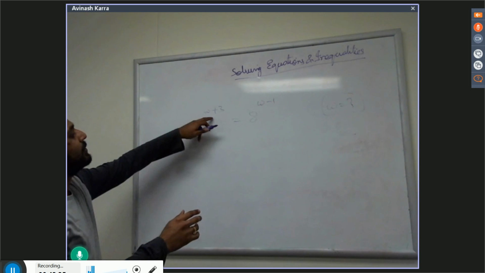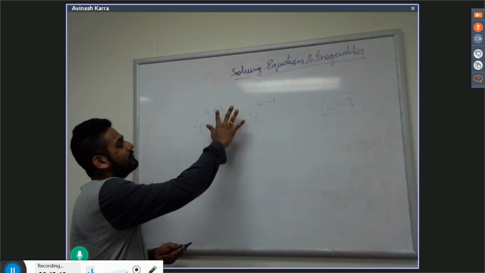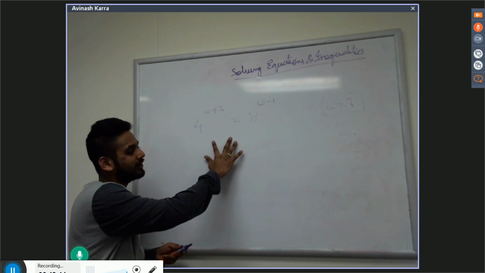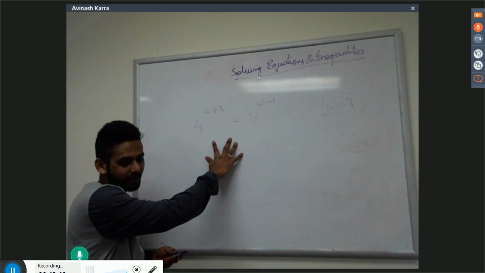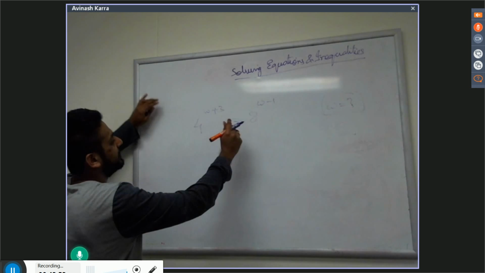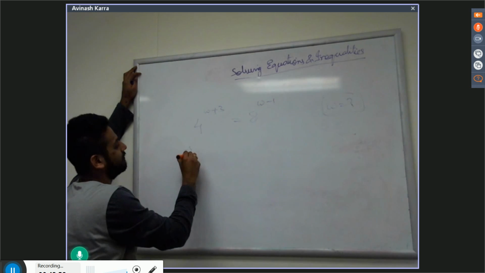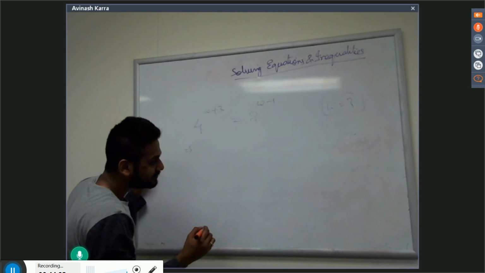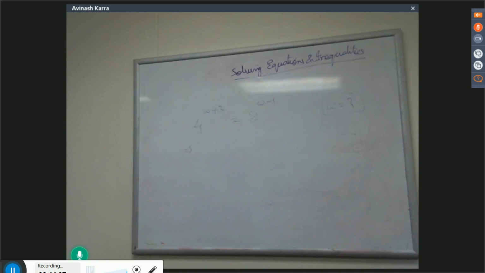To find the w, first, what do I need to do? To make the powers equal, first the bases should be equal, right? To make the bases equal, how can you do that? Can you multiply the left side by 2?